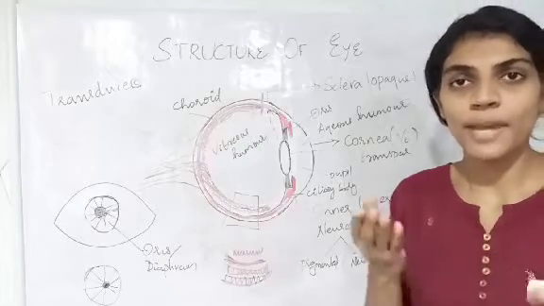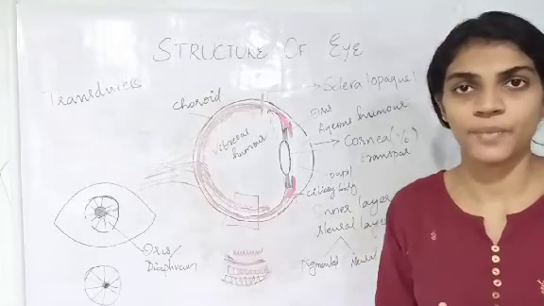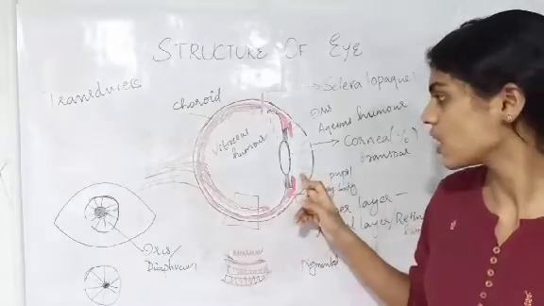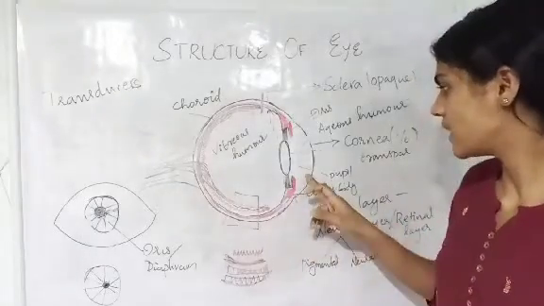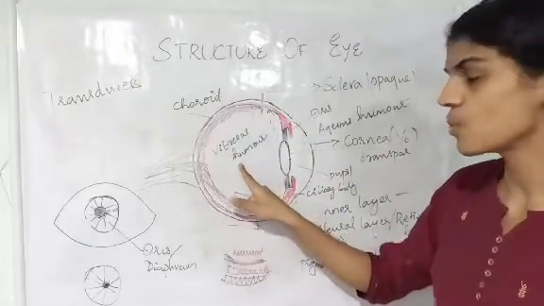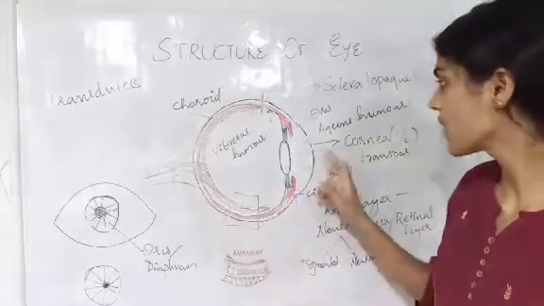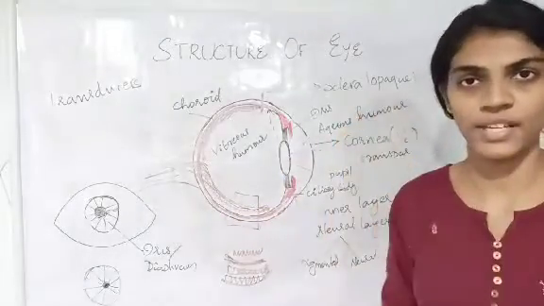It maintains the intraocular pressure, keeping it balanced. So you can find vitreous humor behind the lens and aqueous humor in front of the lens.